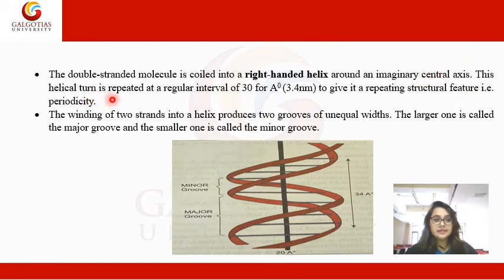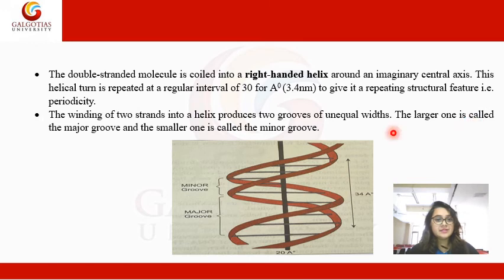This helical turn is repeated at a regular interval of 34 Å, that is 3.4 nanometers, to give it a repeating structural feature, that is periodicity. The winding of the two strands into a helix produces two grooves of unequal width. So we can see this is 34 Å, that is 3.4 nanometers.